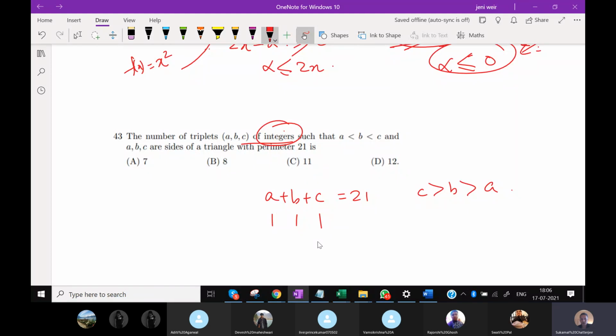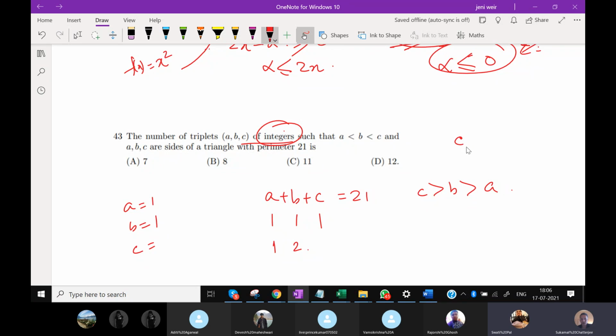C cannot be equal to 2. Now you take 1 and 2. So why can't C be any other integer? You tell me, if a is 1, b is 1, what can be the value of c? Greater than B and A?